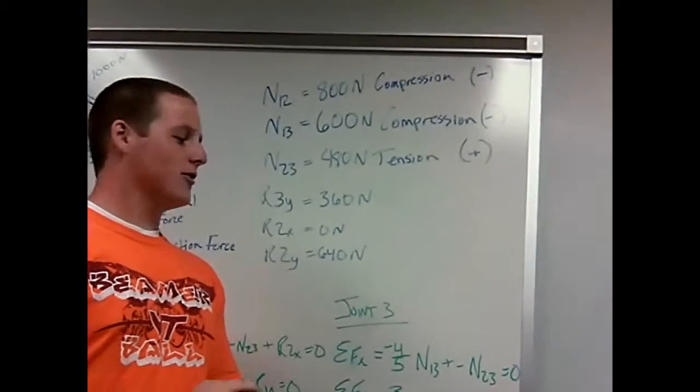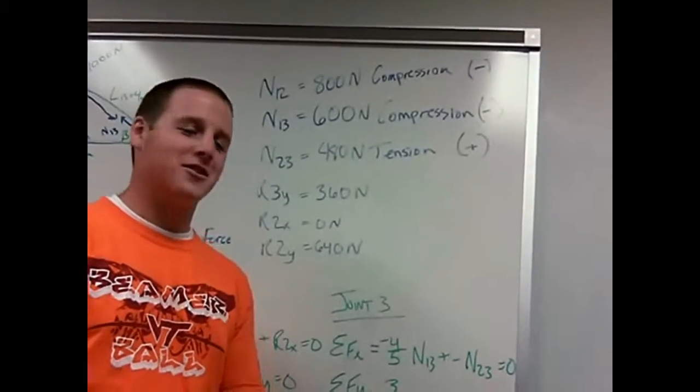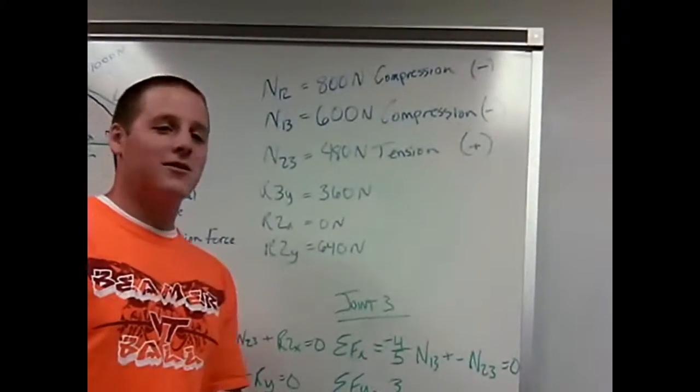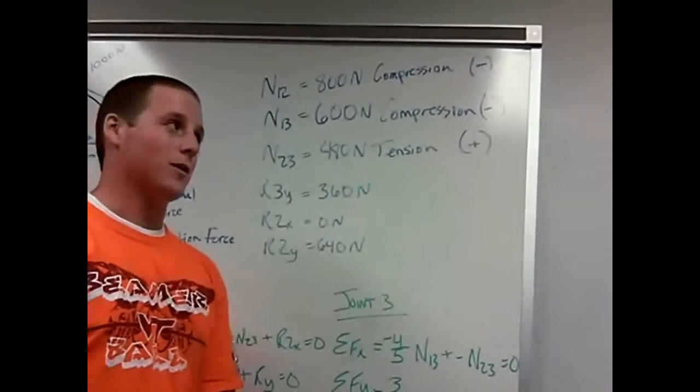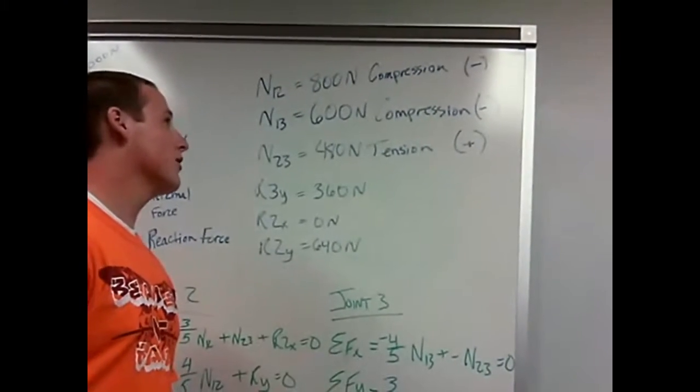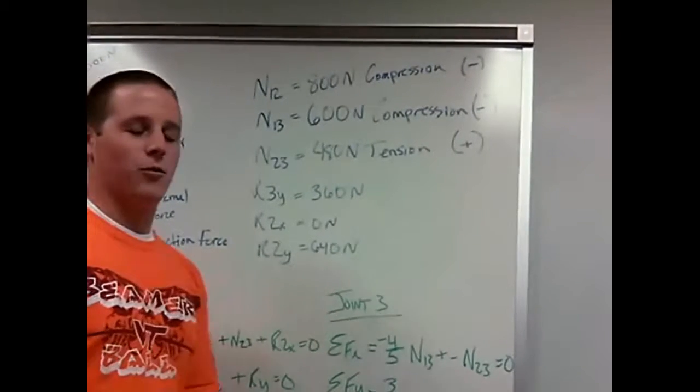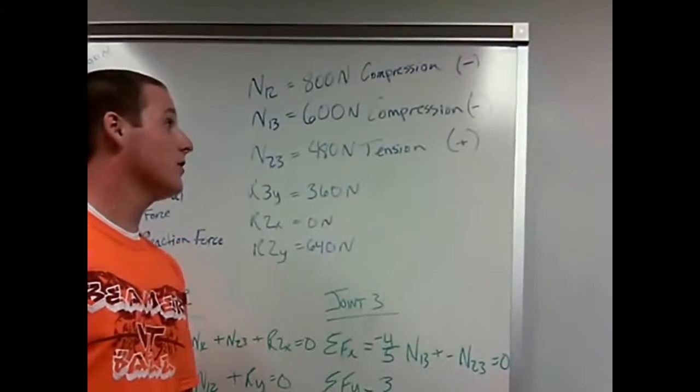After crunching these numbers through substitution, we got a few answers that we're going to share with you. Internal force between joints 1 and 2 was 800 newtons compression. Internal force between joints 1 and 3 was 600 newtons compression.